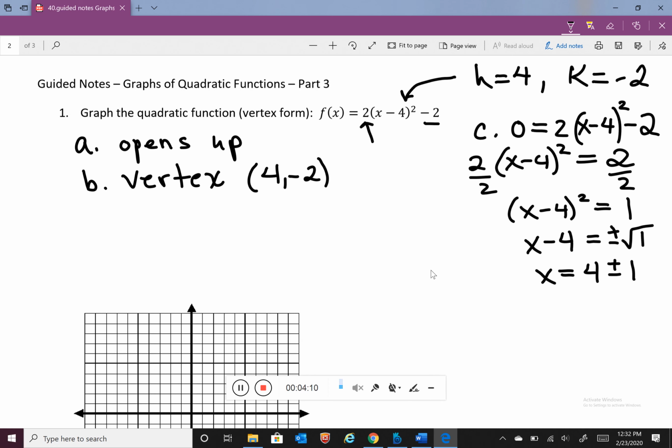So x equals 4 plus 1, which gives us 5, or x equals 4 minus 1, which gives us 3. But remember, this came from letting y equal 0. So this gives us our two x-intercepts of 5, 0 and 3, 0.